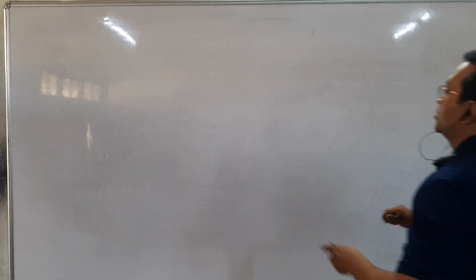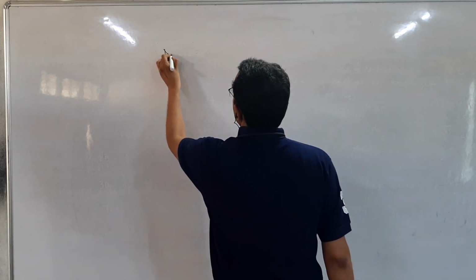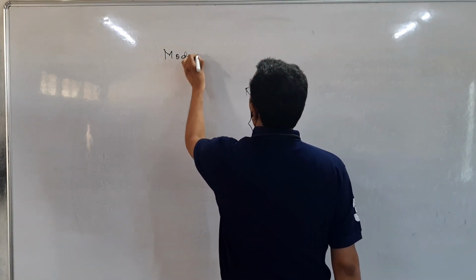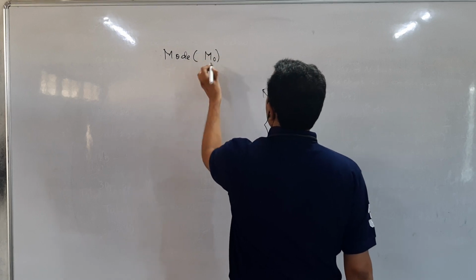Now, students, in your lower standard, mode was denoted by Z. Here the mode will be denoted by M0. So what is the definition of mode? Students, I am defining mode, which is denoted by M0.